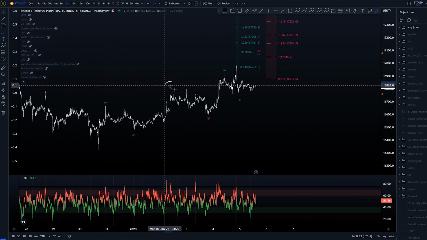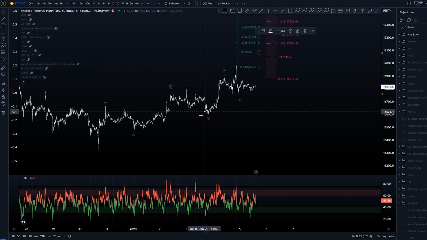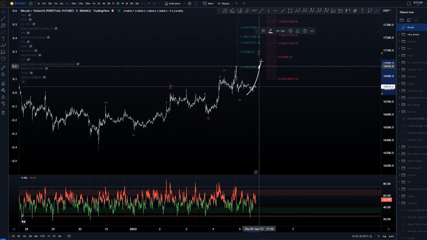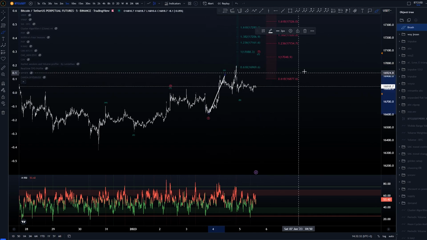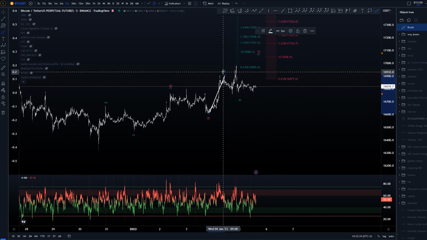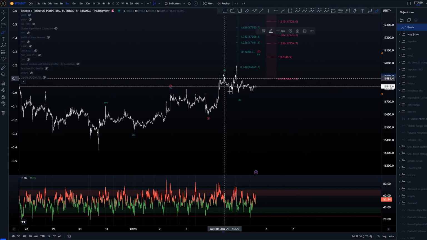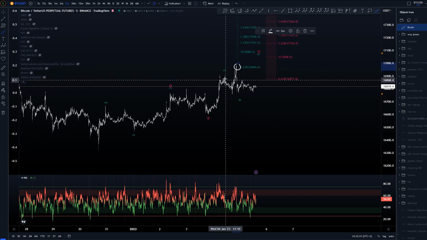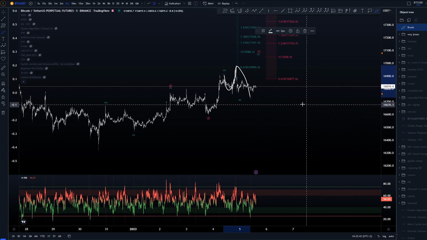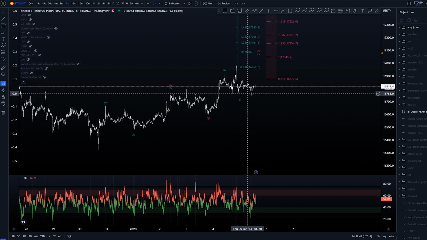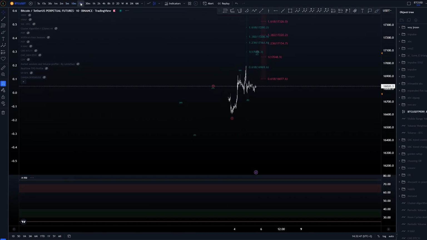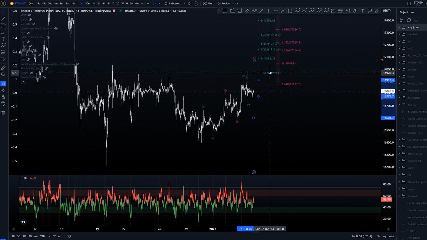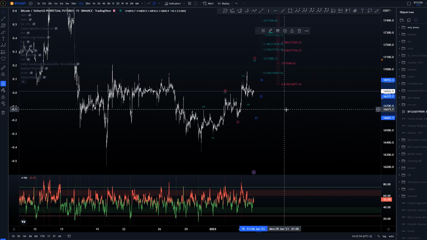So WXY into wave W, then a 3-wave pullback into the wave X, and then I was expecting this to be an ABC upwards, as this definitely feels more like an impulsive wave structure than anything else. And as we saw here, this could be the expanded B of a flat, so we would be creating something like that. That was the expectation yesterday, and that is still something that I'm looking at and having as the most likely scenario, because I don't really have anything else to go by at this very moment.